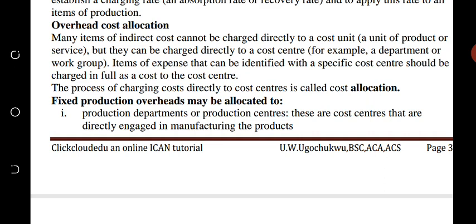Items of expenses that can be identified with a specific cost center should be charged in full to the cost center. The process of charging costs directly to a cost center is called cost allocation. So when you charge a particular cost directly to a cost center, that process is called cost allocation.